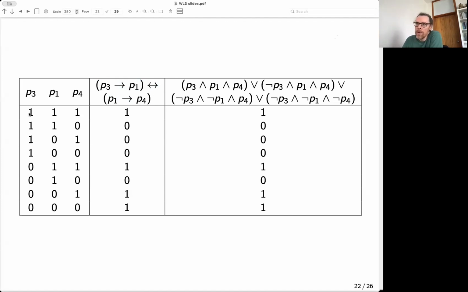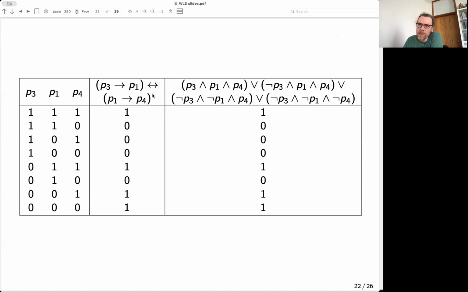So the first row is P3 and P1 and P4, they're all true. So that's described there. This third row on which it's true, P3 is false, P1 is false, P4 is true. So, not P3 and not P1 and P4 is that one. So you describe each row and then you disjoin them, and the result will be one of these cosigned disjunctive normal forms. So that should give you a feel for what these kinds of formulas are like.